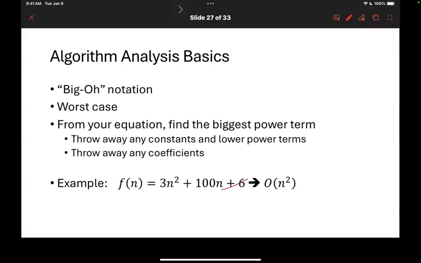We throw away any lower power terms. So 3 times n squared versus 100n, the n squared wins. That's a higher powered term. So the n is out of there. We also throw away any coefficients. So the 3, it's out of there. And that gives us big O of n squared.